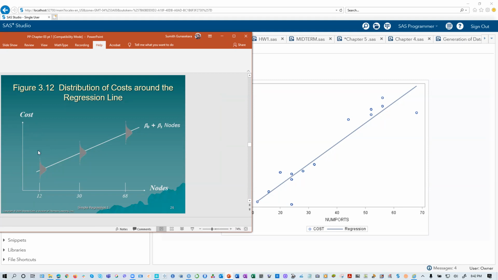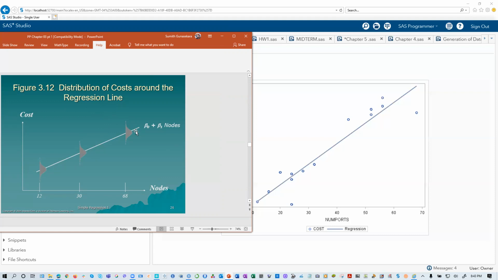All those infinitely many values are put into a distribution. When you have infinitely many values, you can draw a histogram and a smooth curve like that, and you get the center of that distribution. Do the same with this guy and this guy. Those centers you combine by a line. It's called the mean. Mean equals beta naught plus beta 1 x. That means the expected value of cost.